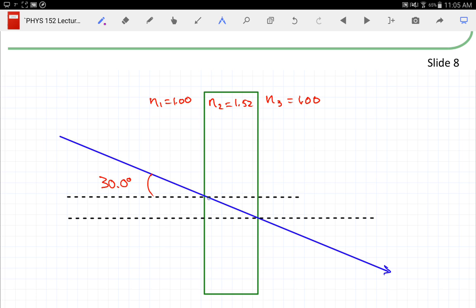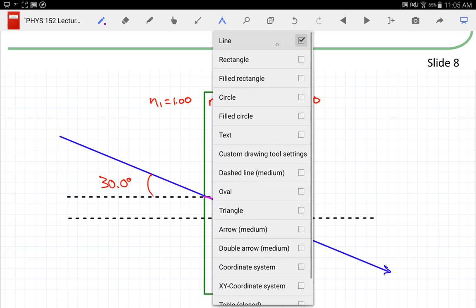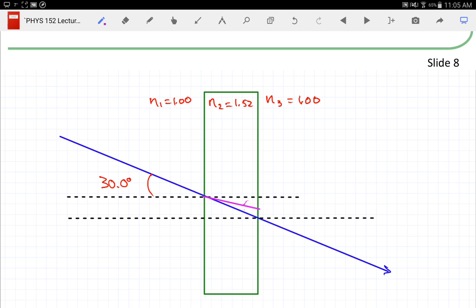So my refracted ray is going to do something like that. And I'm going to have my refracted angle right there, theta 2.